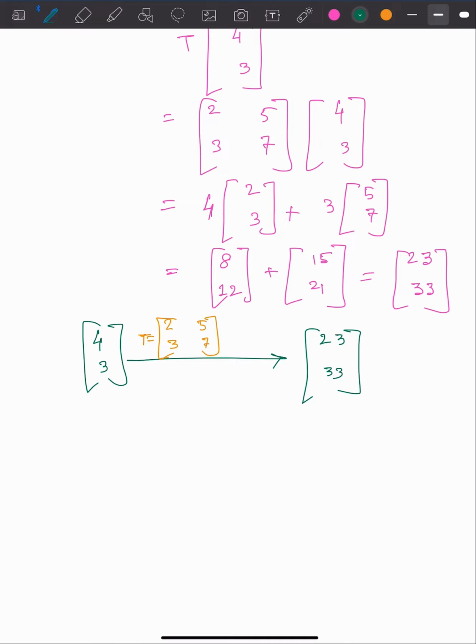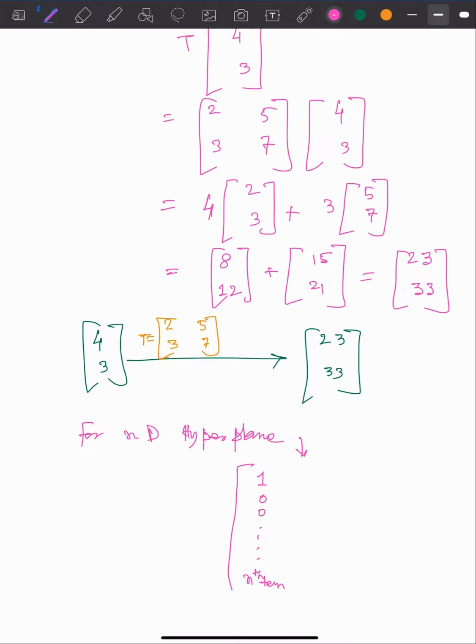And last but not least, for an n-dimensional hyperplane in general, the basis vectors would be 1 0 0 up to the nth term, 0 1 0 and all zeros up to the nth term.